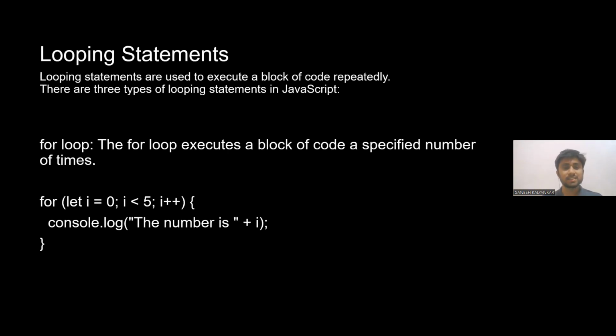First one is initialization, second is comparison, and third one is incrementation. After initialization, it checks for the comparison. If this comparison statement holds true, then only it comes inside this block and runs this code.